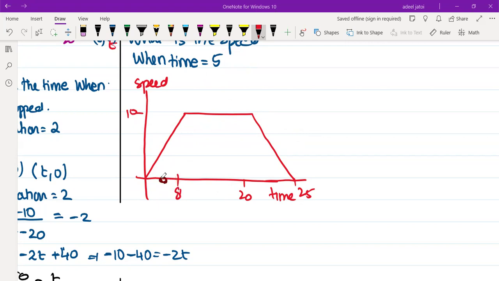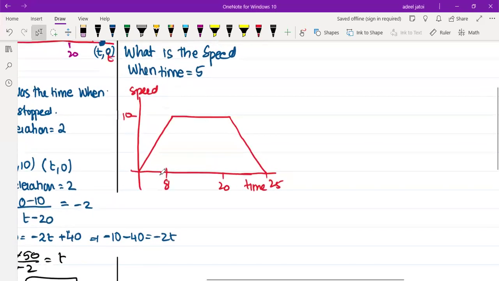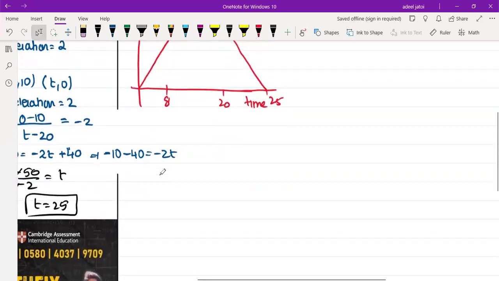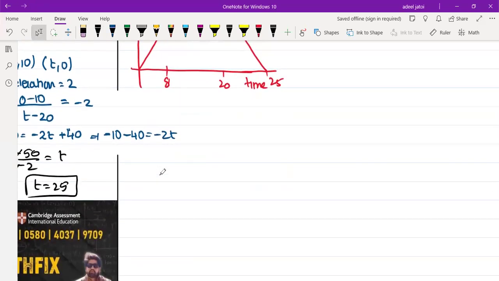Even if you know it lies here, you do not know what the speed will be. So you can either use the gradient method or the equation method. I would always prefer the equation method because you will find the equation as well. Your coordinate geometry could be enhanced in this topic too.